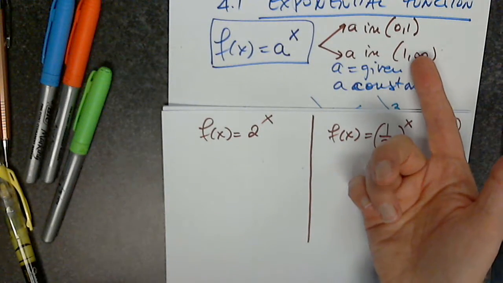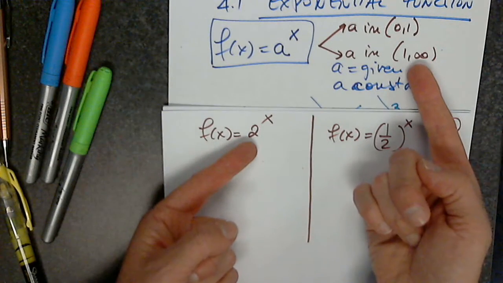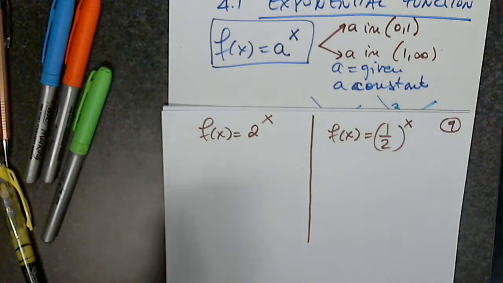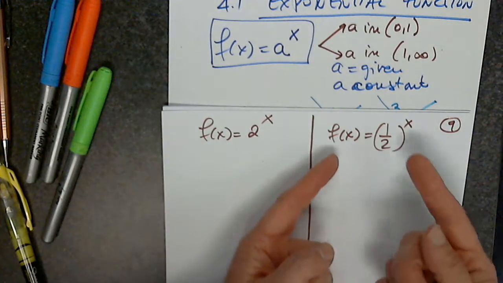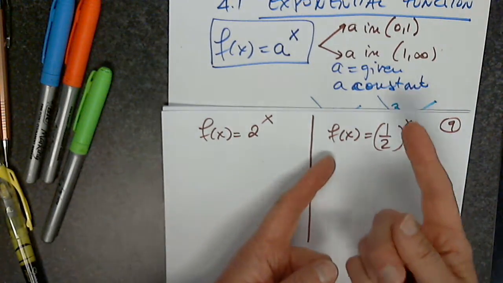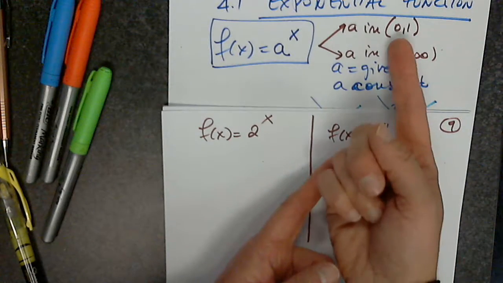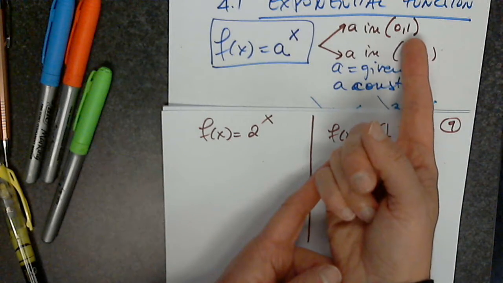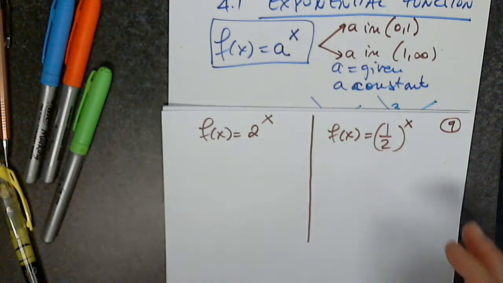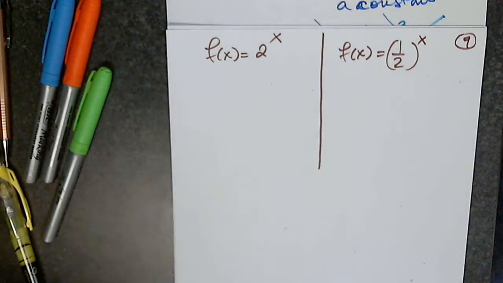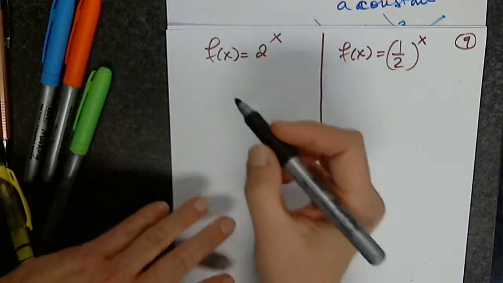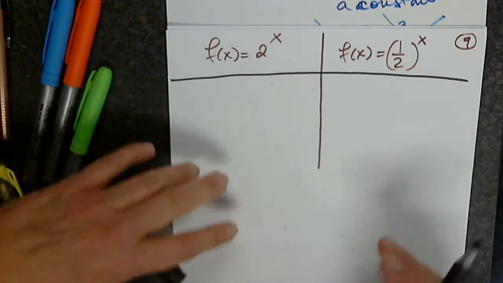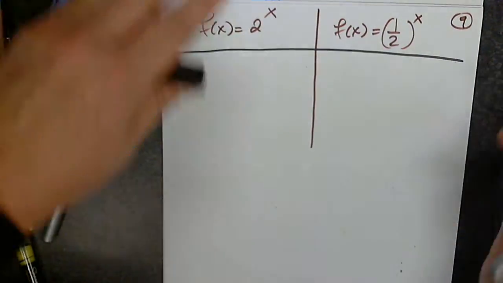It's in the second one, right? Because the base is greater than 1. Now, I know you know the answer, but where does this come from? From the first category, because the base is a little number between 0 and 1, like 0.5. Okay. So let's see the differences between the two, and the graphs. Of course, they will have different graphs.